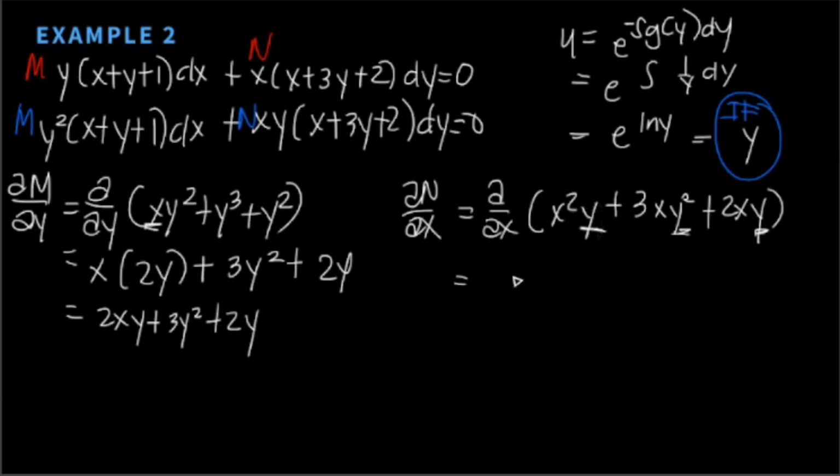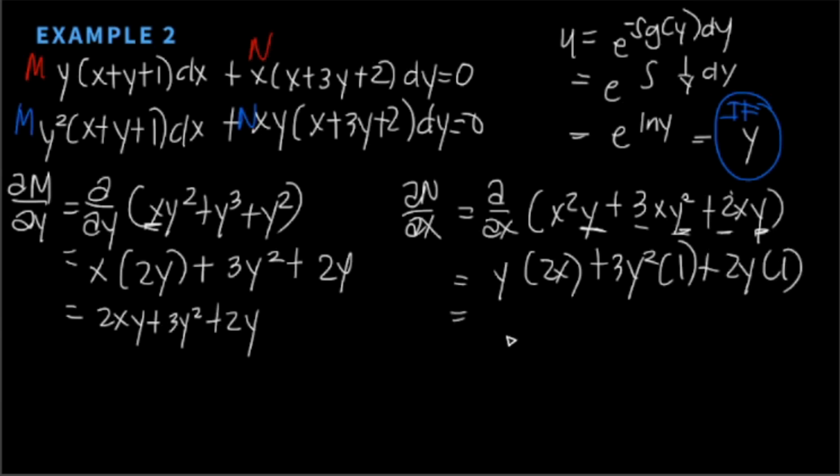Differentiate natin, copy natin yung constant y. Differentiation ng x squared, that would be 2x, plus differentiation ng dito is constant din yung 3. So, 3y squared, copy natin yung constant. Differentiation ng x, that will be 1, plus constant 2y, copy natin. Differentiation ng x, that would be 1. So, simplify, magiging siyang 2xy plus 3y squared plus 2y.